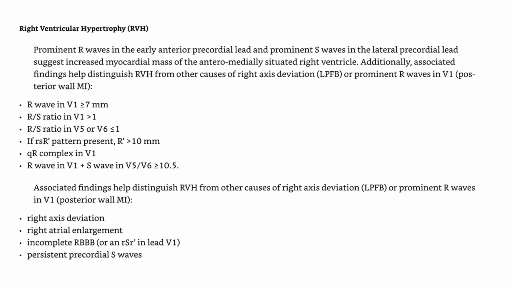Prominent R waves in the early anterior precordial lead and prominent S waves in the lateral precordial lead suggest increased myocardial mass of the anteromedially situated right ventricle.